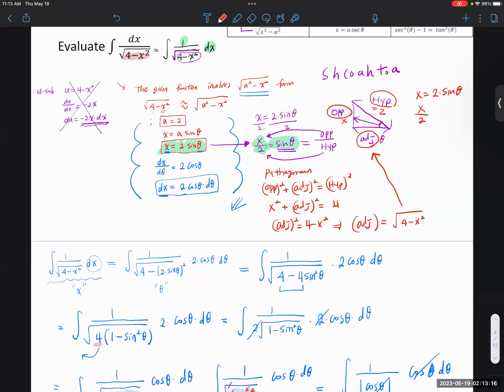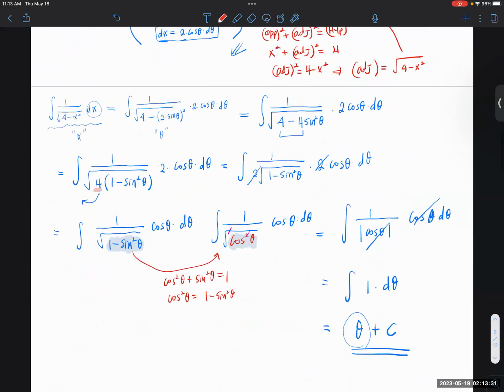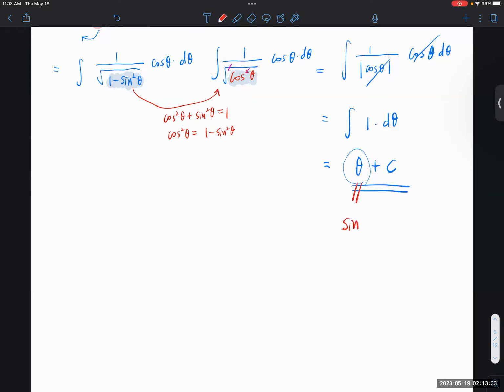We know x over 2 equal to sine theta. If you want to solve for theta, theta will be inverse sine of x over 2. So now I'm going to bring that information here. So theta we found out, sine inverse x over 2 plus c. So this is the answer in terms of the x variable.